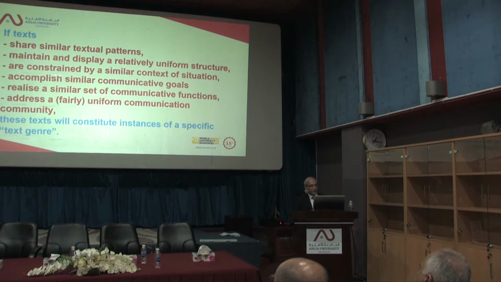If a number of texts share similar textual patterns, maintain and display a relatively uniform structure, are constrained by a similar context of situation, accomplish similar communicative goals, realize a similar set of communicative functions, address a fairly uniform communication community, these texts will constitute instances of a specific text genre.